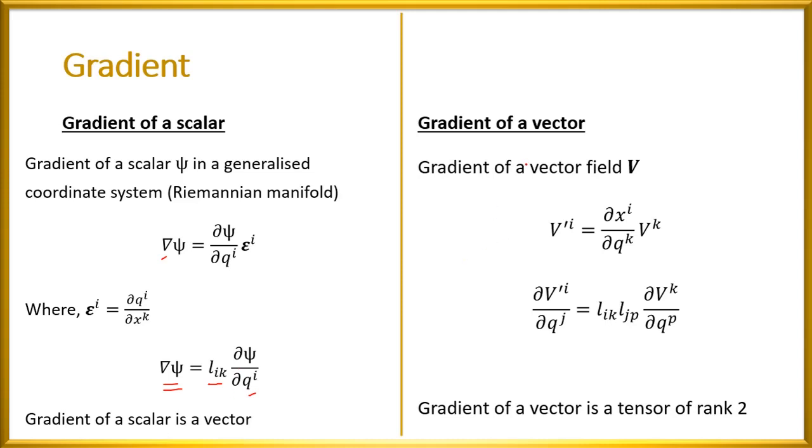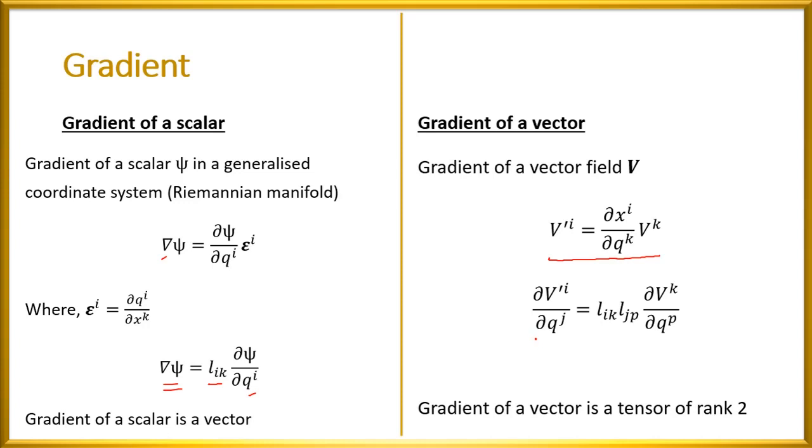Similarly, we can look into how the gradient acts on a vector. We know that a vector in a generalized coordinate system can be transformed into a normal coordinate system using this transformation equation. We have done this so far. Since this is a contravariant vector v, that's why the transformation equation is like this. Now we act upon this new tensor with respect to the new coordinate system.